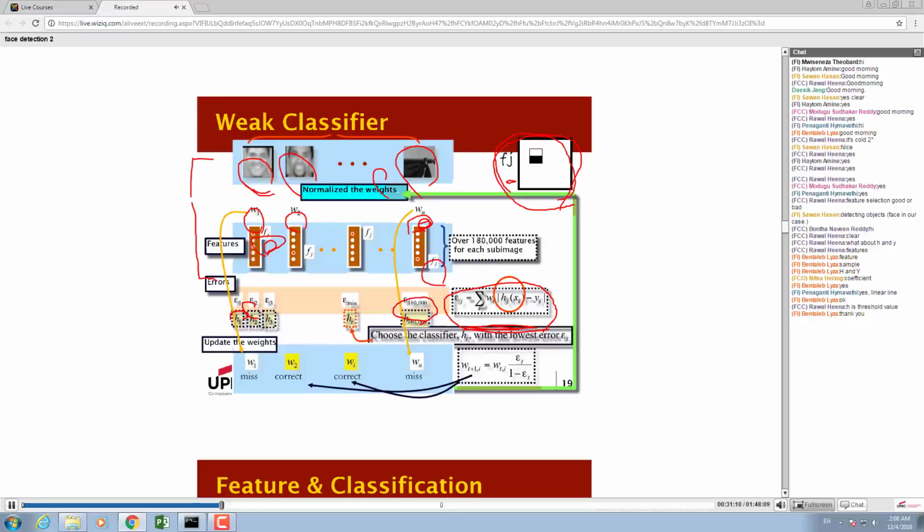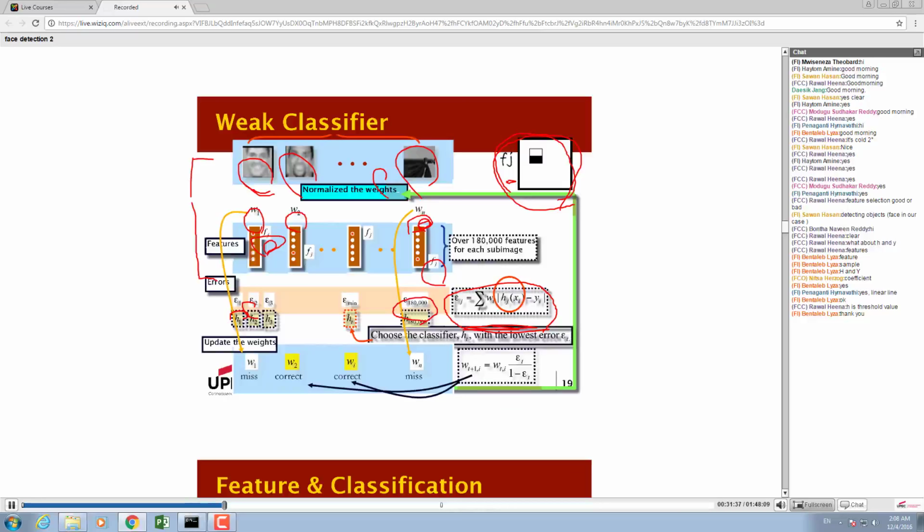For example, f min, let's say min is number 200. It means feature 200 has the minimum error. When error is small, it is a better feature. Is that correct? So we will select the minimum E in this big set of errors.